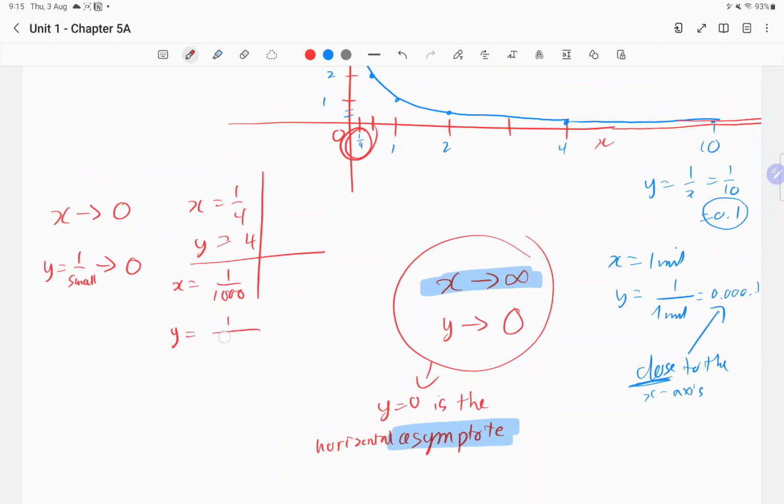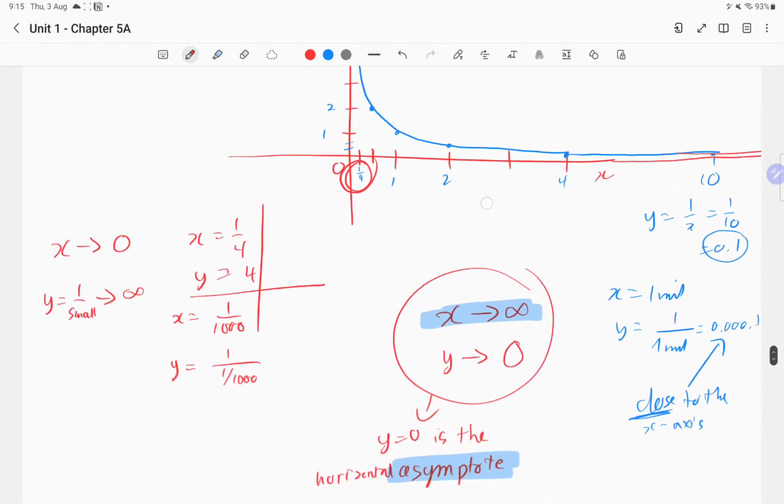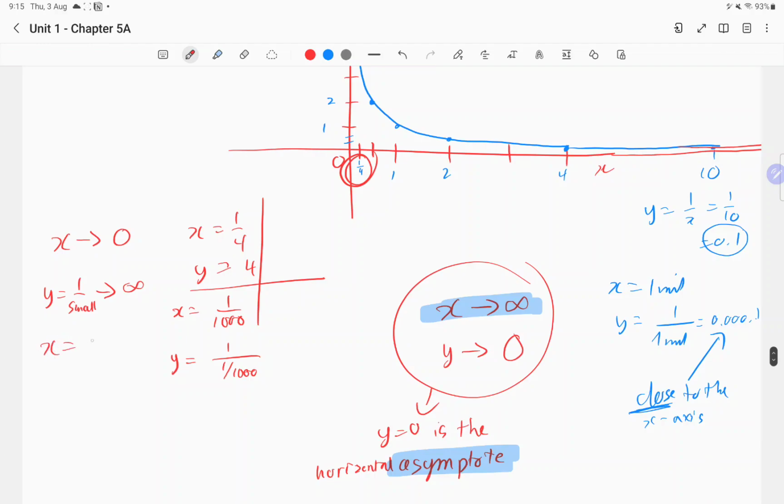So 1 over a really small number, flip that number around, and then you would get a really large number, so it tends towards infinity. So we can say that as y tends towards infinity, one of the asymptotes is x equals 0.